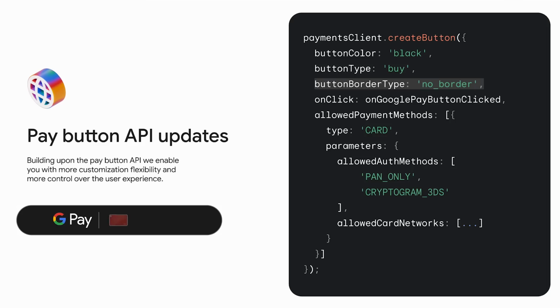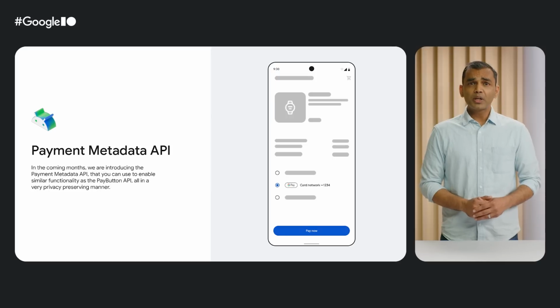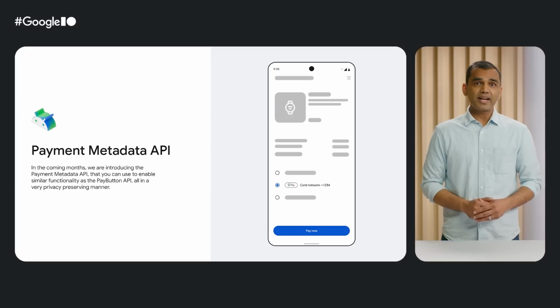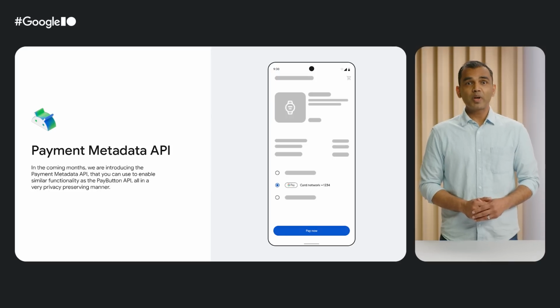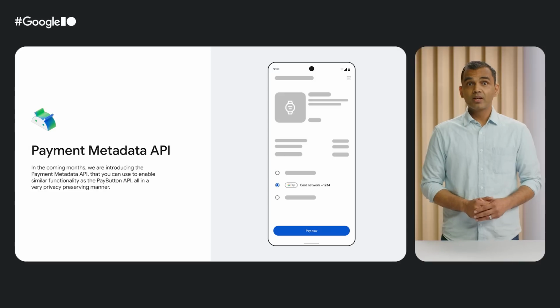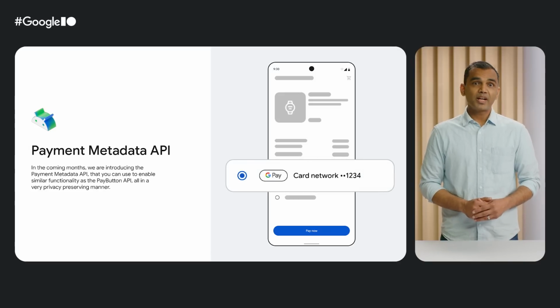Now, you can show and hide the border and have added support for more button copies to match your checkout screens. We also heard your request to support presenting card identifying information when your UX does not support a button. So in the coming months, we are introducing Payment Metadata API that you can use to enable similar functionality as the dynamic button.